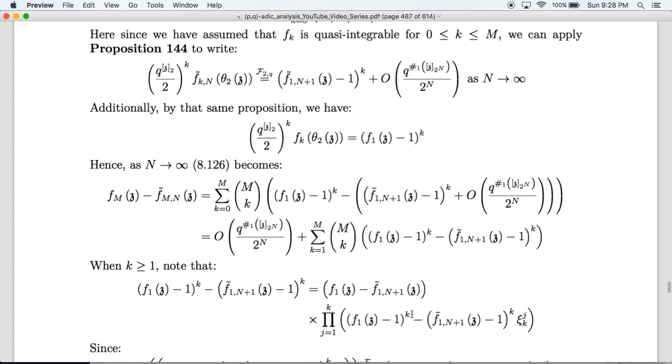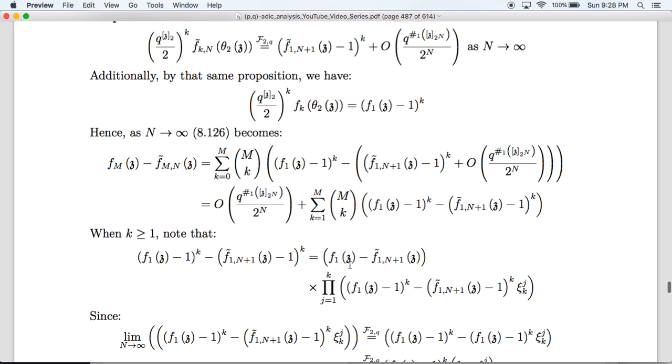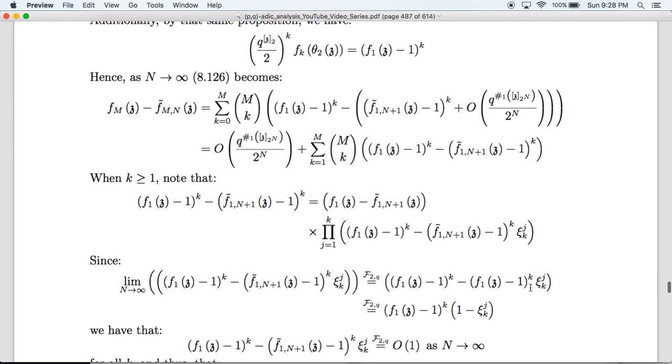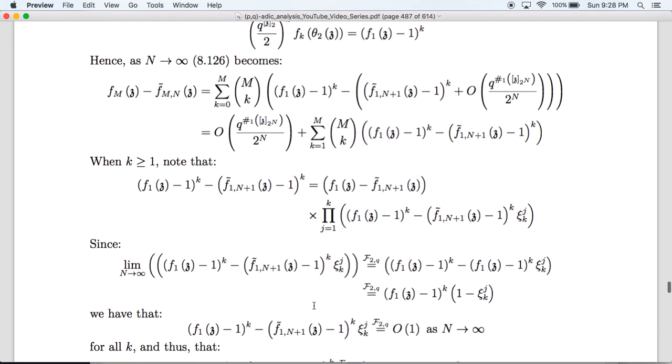When k is greater than or equal to 1, then we factor things out. And so here it's f1 of z minus f twiddle of 1 n plus 1 times this stuff. But this stuff doesn't matter because it's going to be bounded point-wise in z. So actually, when we take the limit as n approaches infinity, we get that this is going to be converging to this quantity.